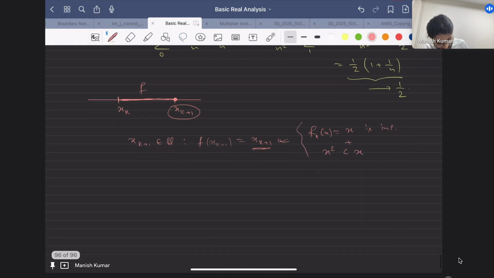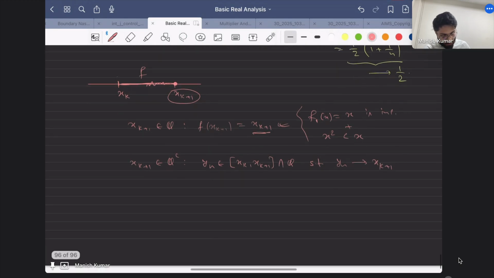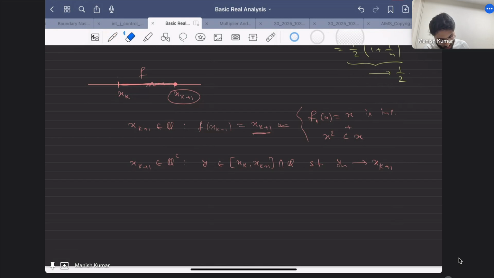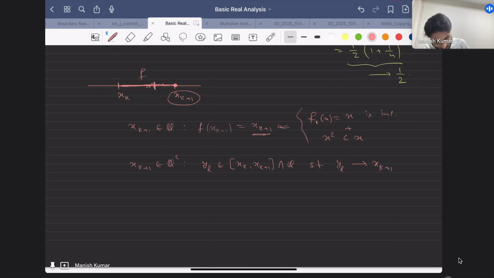Now, when you choose xk plus 1 to be irrational, I can get a sequence yn belonging to, let's say, the interval xk to xk plus 1 intersect with Q, such that yn converges to xk plus 1. This I can get. Now I can write it as yl.